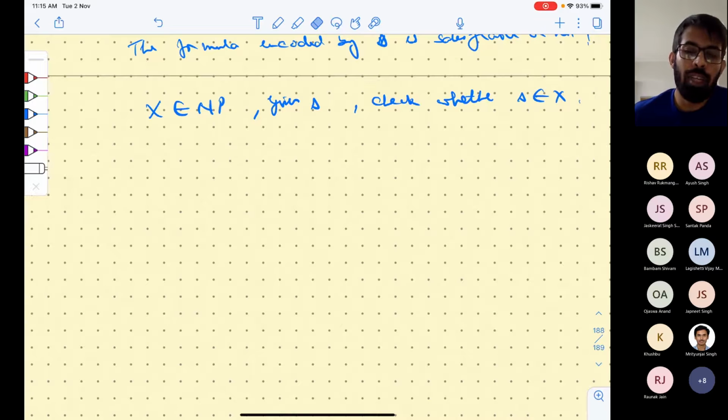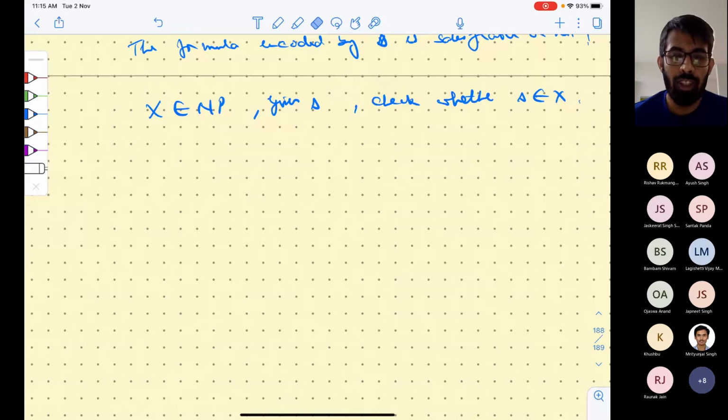Let's just think of satisfiability for now. I just told you what T is going to be for satisfiability. T is going to be the string which is the satisfying assignment.